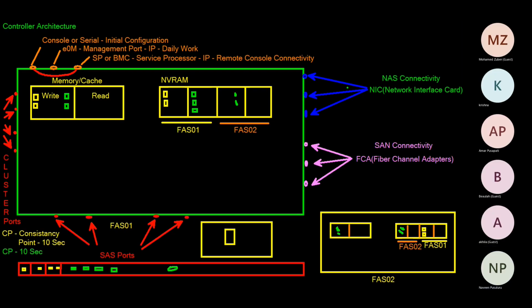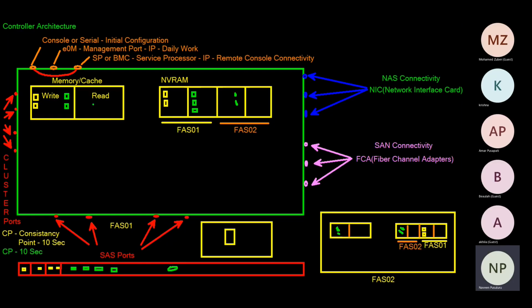Again, if my client is connected to storage via NAS, the read request will enter the controller through NIC ports. If it is connected via SAN, the request will enter our controller via Fibre Channel adapters. With respect to read requests, the write part of the memory doesn't deal with them, and the same way my NVRAM deals only with write requests, not read requests.